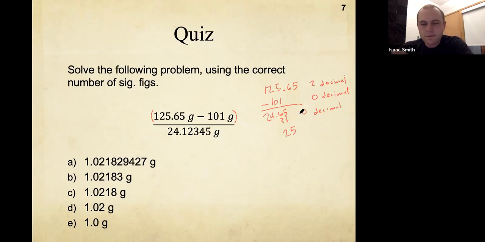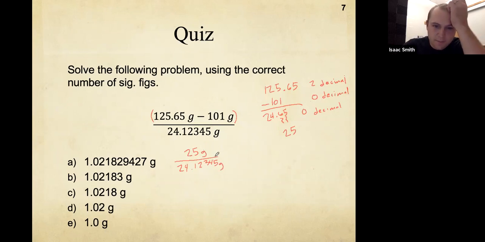All right, so we did that part first. Now we'll go ahead and do the rest of the problem. So if we rewrite that, we know we have 25 grams over 24.1234 grams, okay? So now since we're doing division, we look at the number of sig figs.